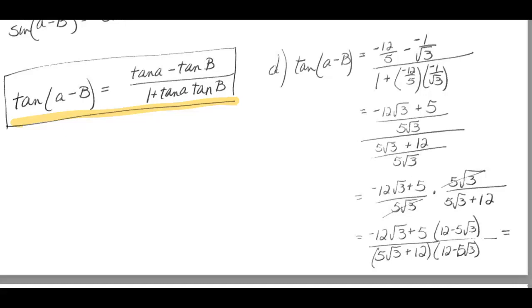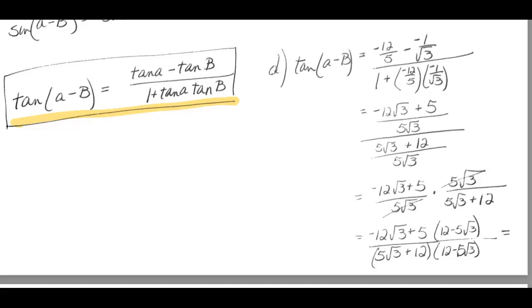So I'm picking up these numbers, this negative 12/5, the negative 1 over square root of 3, all that just comes from our previous work. So I'm plugging in those numbers for tangent alpha and tangent beta and using the appropriate signs. And then I just clean this up. Get a common denominator of 5 square root of 3 for that numerator. And then I change this to 12 square root of 3 plus 5.